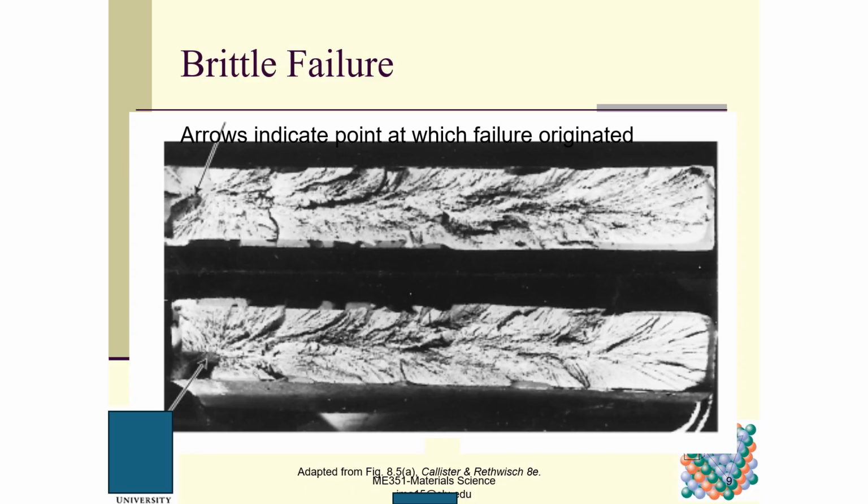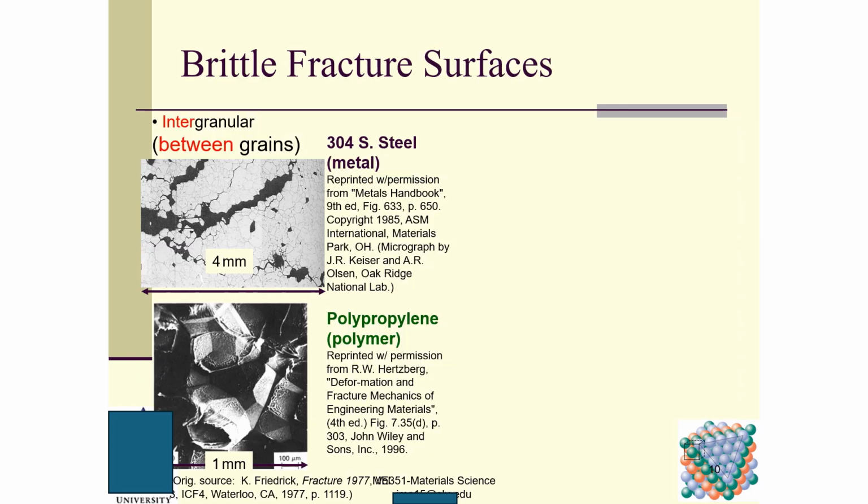Arrows indicate the point at which a fracture originated. From here, as the brittle fracture occurs, as I said, it will continue until the specimen fails. So you can see the brittle fracture surface. This one is intergranular, and as the name suggests, it is between the grains. This is 4340 stainless steel, a metal.